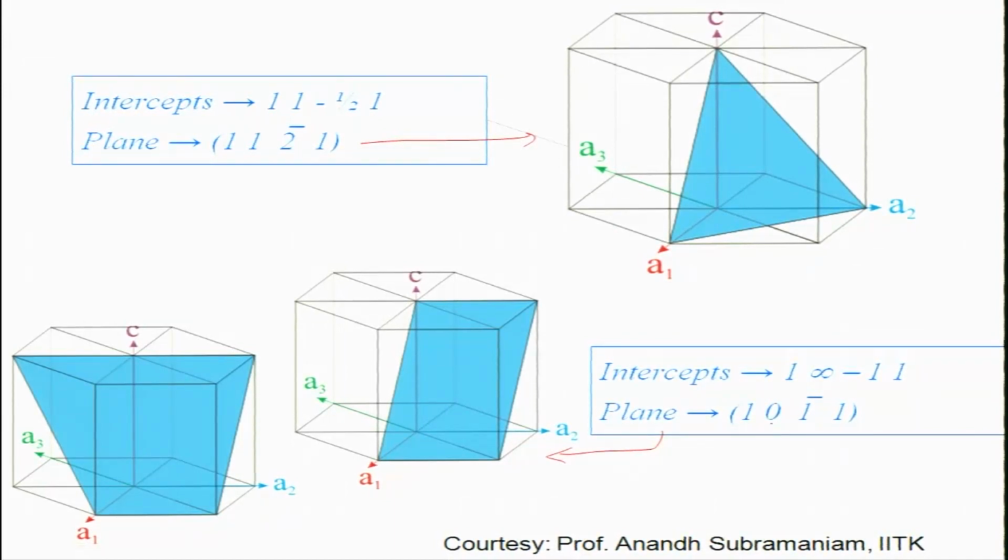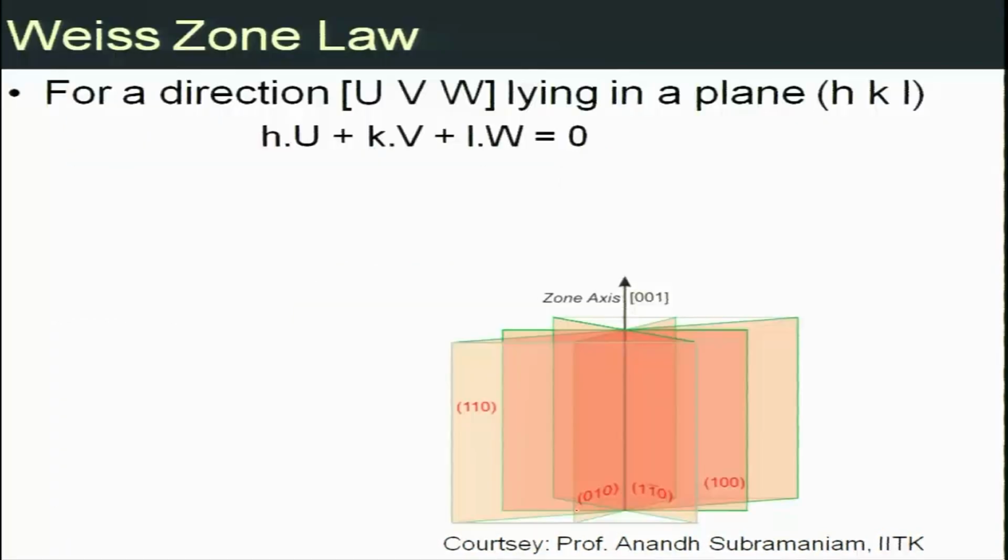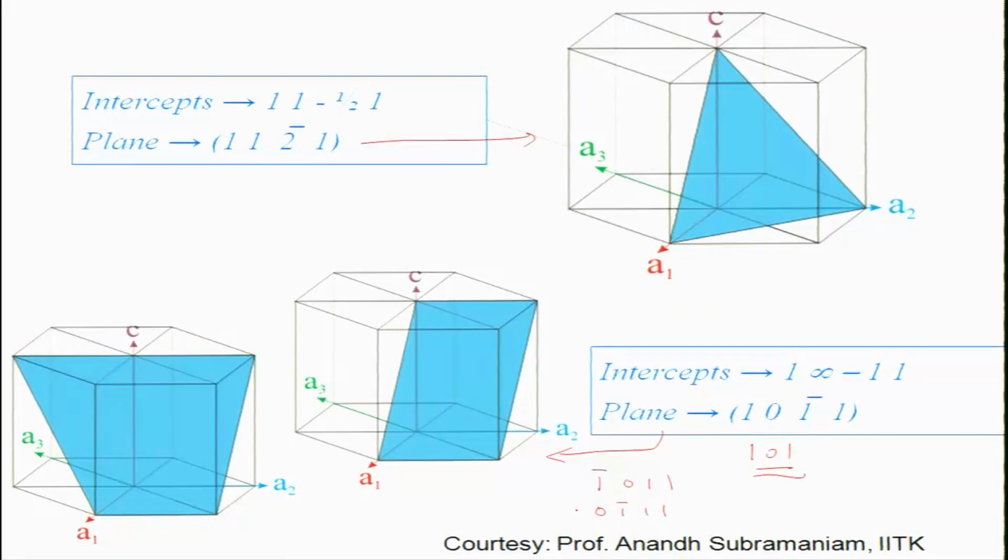Okay. So basically this plane is nothing but the 1 0 1 plane. Okay. But in the 4 axis system it looks like 1 0 bar 1 1. Okay. So 1 0 bar 1 1, bar 1 0 1 1, 0 bar 1 1 1, they are all similar planes. Okay. So this is about the planes and directions in various crystal systems.